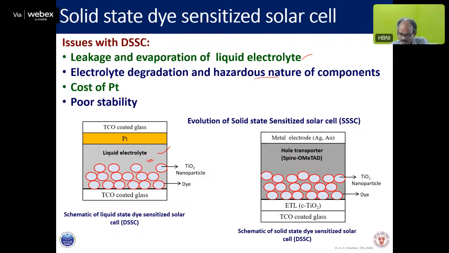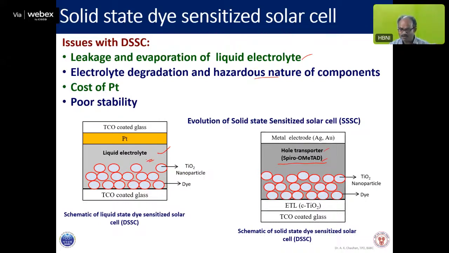So what was that material? This material is the hole transporter Spiro-OMeTAD, and this is very expensive. It can only be imported. So you can use this, and all other things are the same as they were in the DSSC.